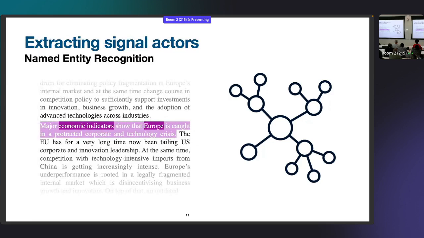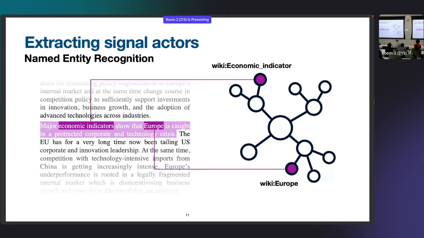One of the most used methods to extract actors from text, or in this case from signals, is named entity recognition. In this particular example, we have two entities that are visible, economic indicators and Europe. Both entities can be linked to a knowledge graph.